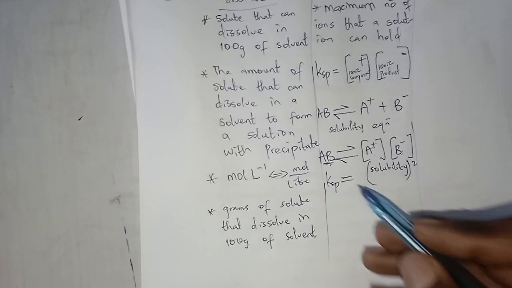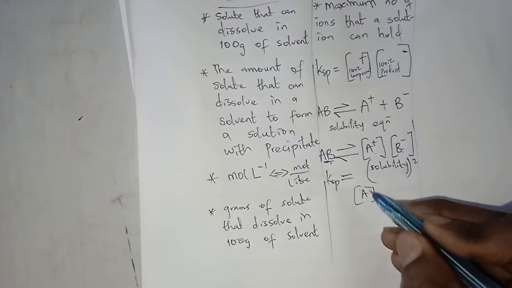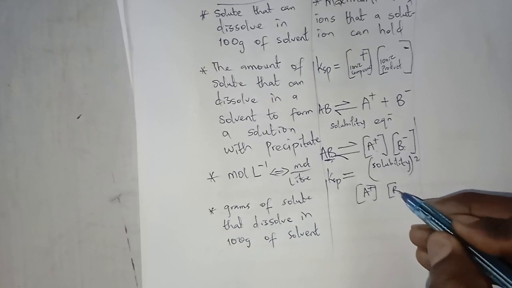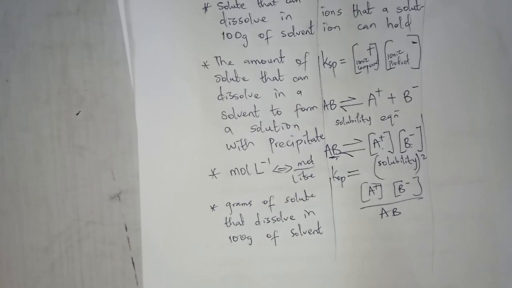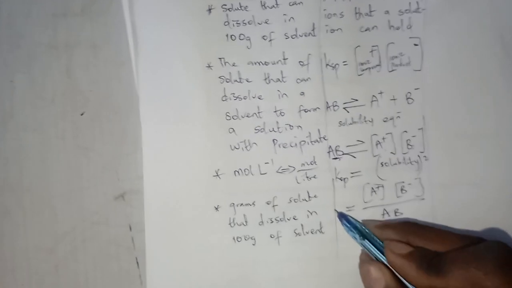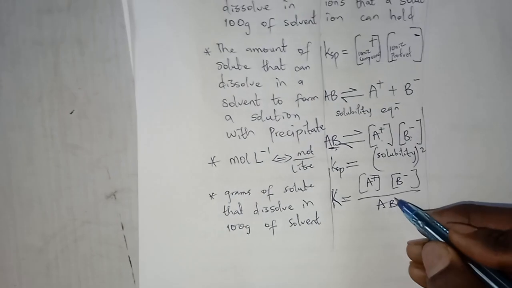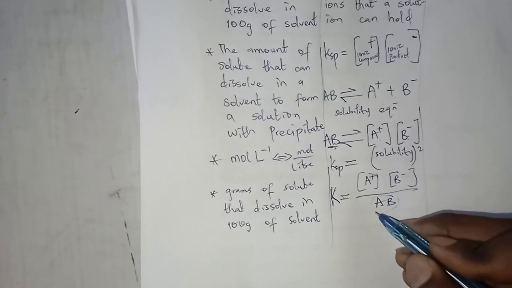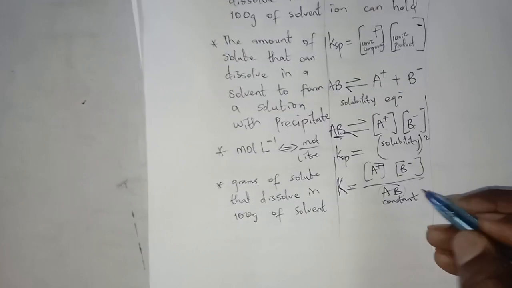So even if it comes as A plus B minus all over AB, KSP can only be gotten at the point of equilibrium, and the equilibrium constant is K. This particular product has to be constant, nothing can happen again.